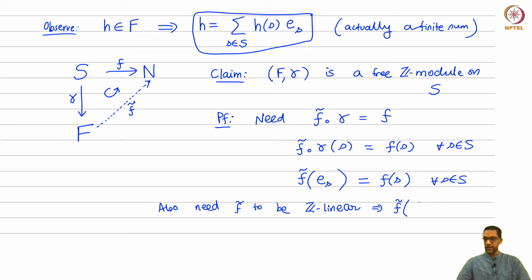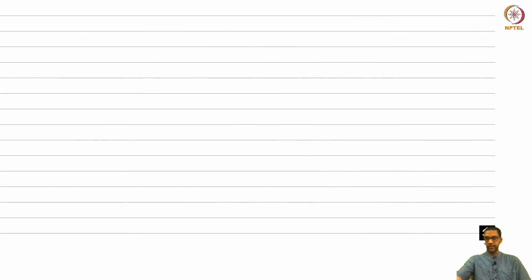When f tilde acts on a linear combination, like the one we wrote out above, you can pull the scalars h(s) outside, and f tilde of e_s is just f of s. So in some sense, if such an f tilde exists, then we actually know what its formula is. It has to be given by this formula. There is no other way out, so it is definitely unique. The thing that remains to be proved is that this formula actually defines a group homomorphism. This is just the initial heuristic motivation, if you wish.